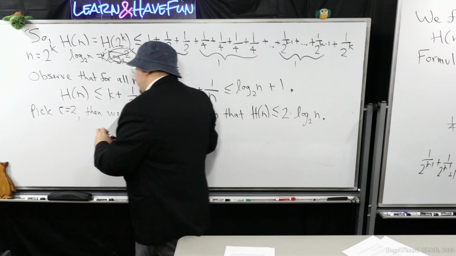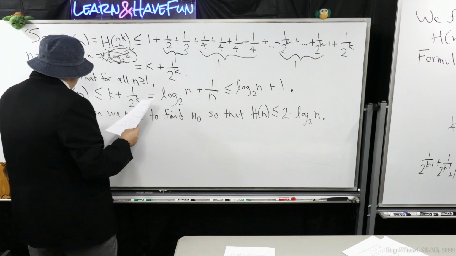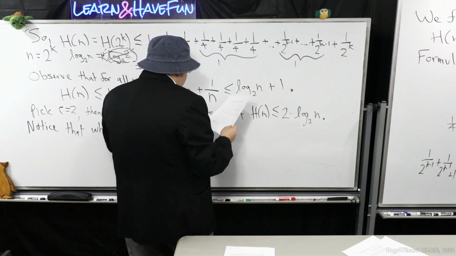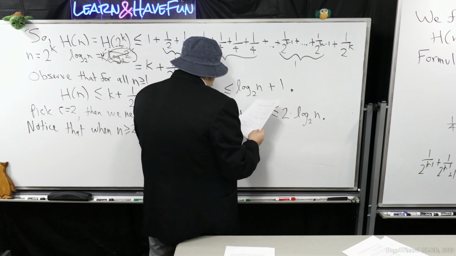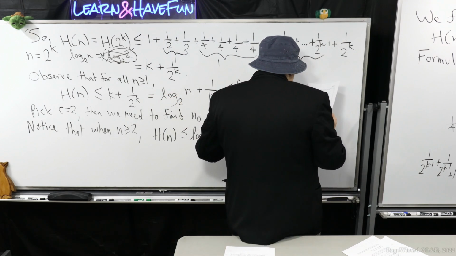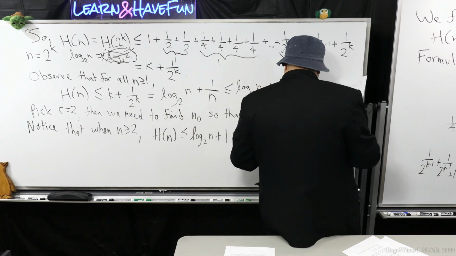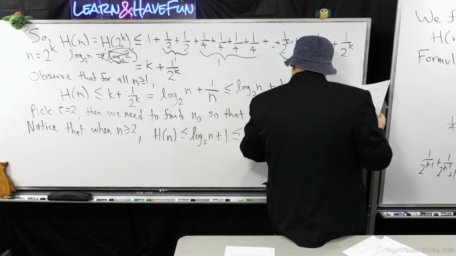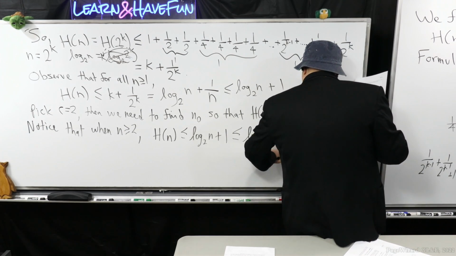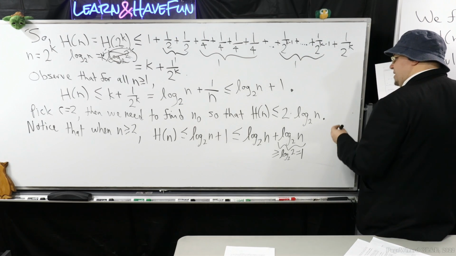So notice the following. When n is greater or equal to 2, we know that h of n is less than or equal to log base 2 of n plus 1, which we have from up here. It is less than or equal to log base 2 of n plus log base 2 of n, because 1 has to be less than or equal to log base 2 of n, that is, log base 2 of n is greater than or equal to log base 2 of 2, which is equal to 1, for a sufficiently large value of n.